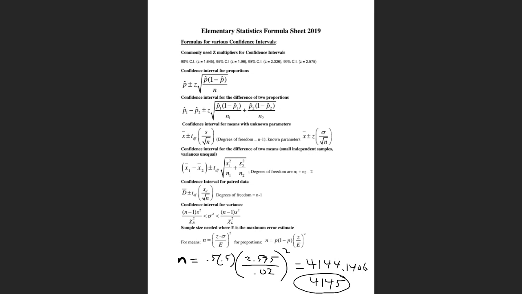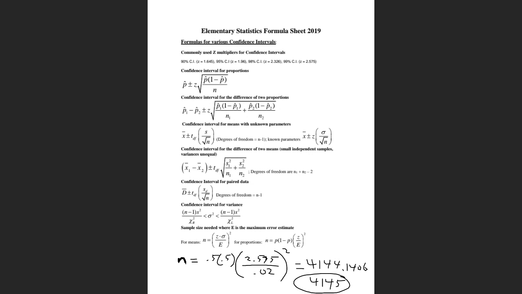So this number changes to 1.96. This number here changes to 0.03. And then that makes this number here about 1,000. So you only need about a fourth as many sample size to get 95% confidence and a 3% margin of error.